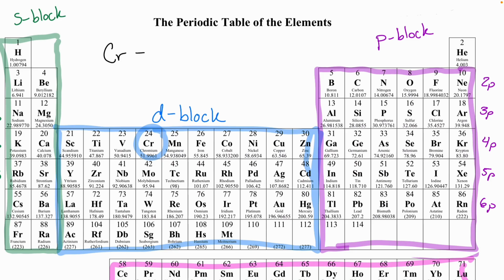Notice that I've conveniently excluded helium from this P block. Helium's kind of an oddball. It's very inert. It's got a full valence shell, so we put it with the noble gases. But really, it's got a 1s configuration, so it kind of lives over here, or I can think about it as being over there when we do our electron configuration.